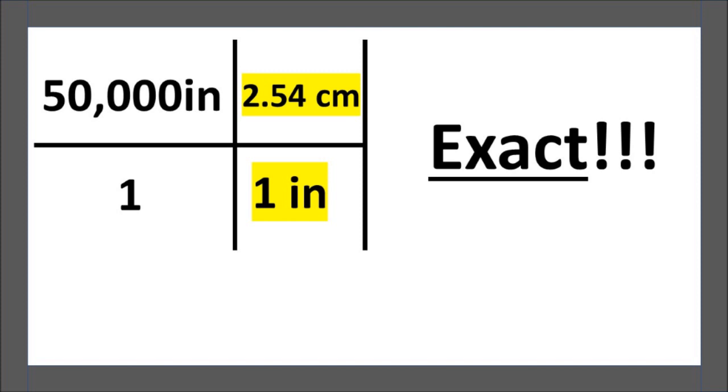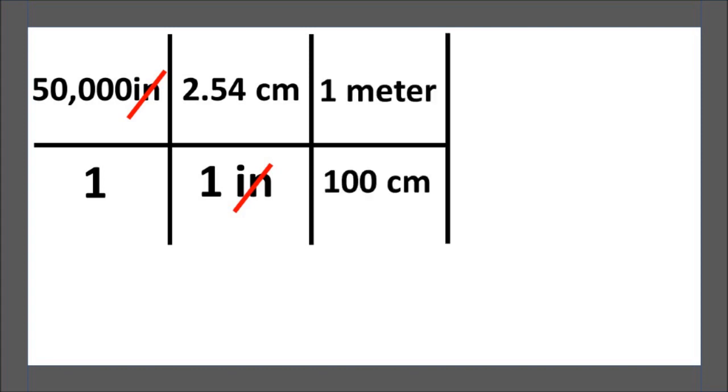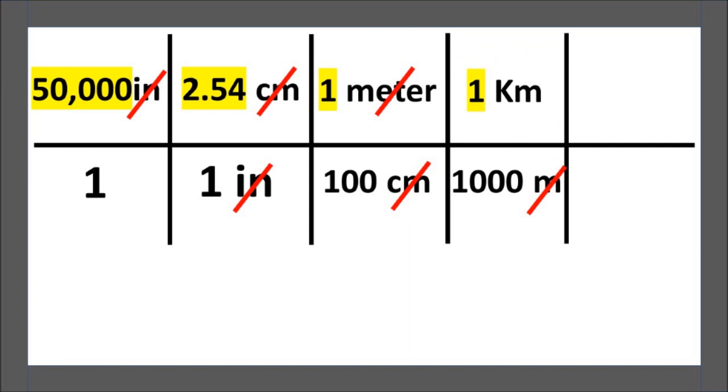Now we go ahead and continue in the metric form. We see our inches cancel out. We put 1 meter, which is equal to 100 centimeters. Centimeters cancel out. And here we put in our kilometers, over 1,000 meters. Your meters cancel out. And what we're looking for is on top, which is kilometers. Now we multiply across.